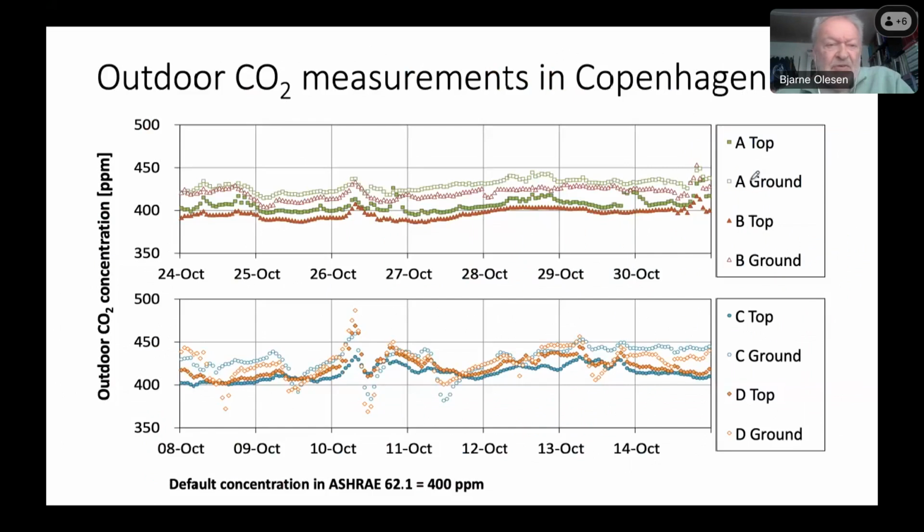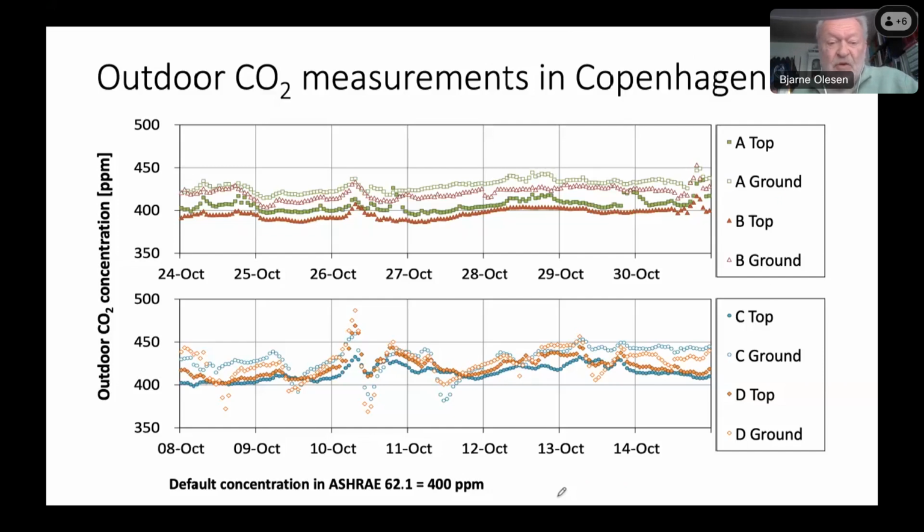Then we have the outdoor. Here are some measurements taken around in Copenhagen, at different heights and different positions, A, B, C, and D. It was made by my colleague Arsen and his group. I'm not going into detail with that. I would say in the ASHRAE addendum, it is accepted to have a default concentration of 400, so you're not forced to measure the outside.